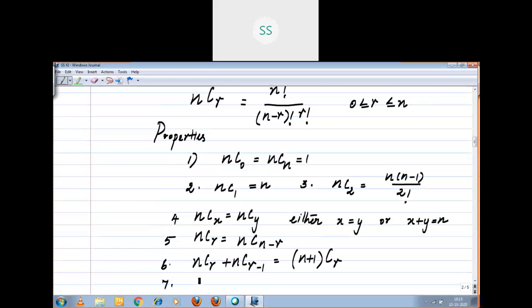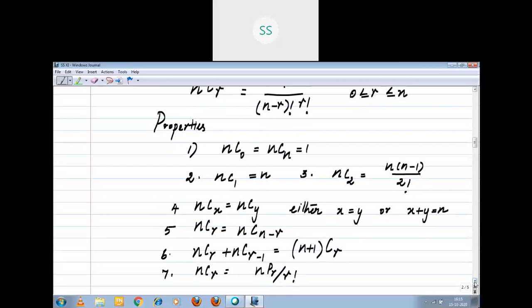Property number 7: nCr equals nPr divided by r factorial. These are some of the properties I have given to you. You have to read and keep them. You don't have to learn the proof, only the result. Got it, children?